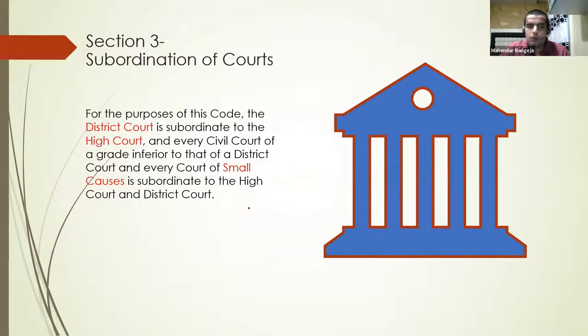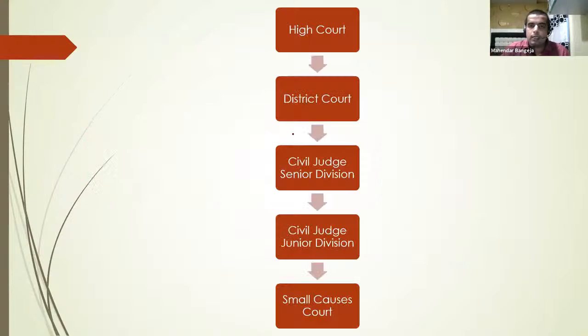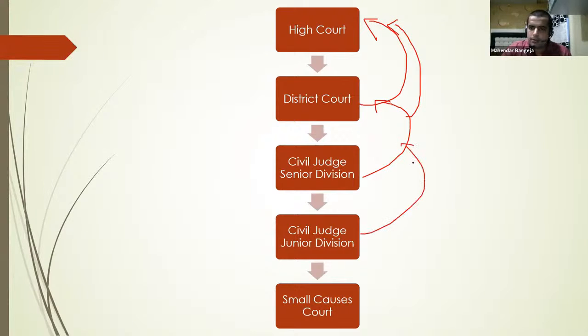So what this section is trying to say is that district court is subordinate to high court, and any court inferior to district court, which may be civil judge senior division or civil judge junior division, is not only subordinate to district court, but obviously will be subordinate to high court also. Clear? And this is basically the hierarchy of the courts.